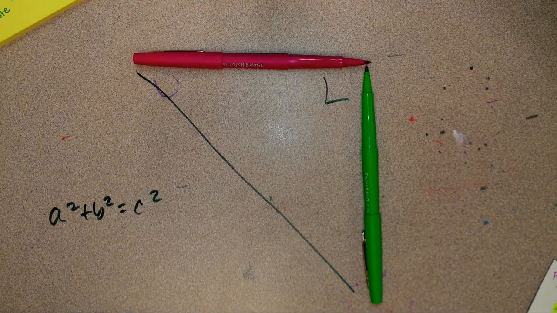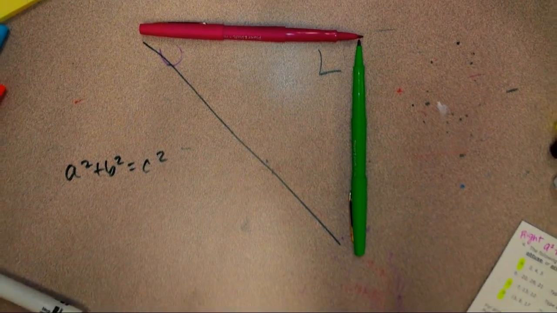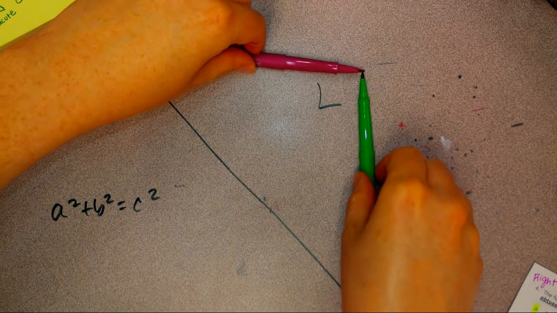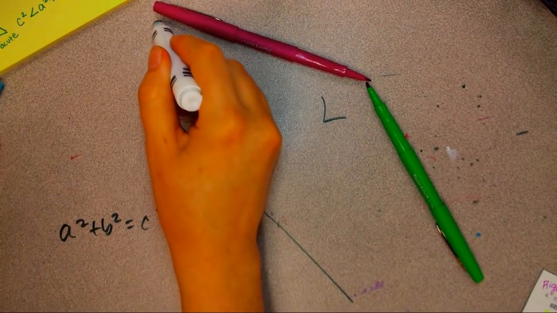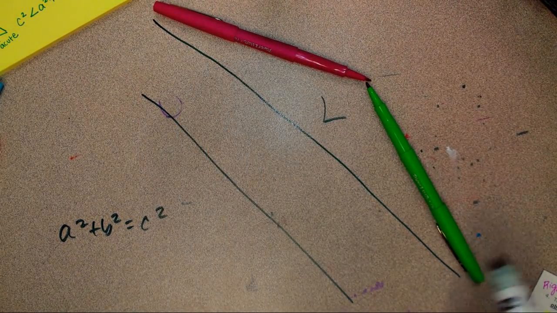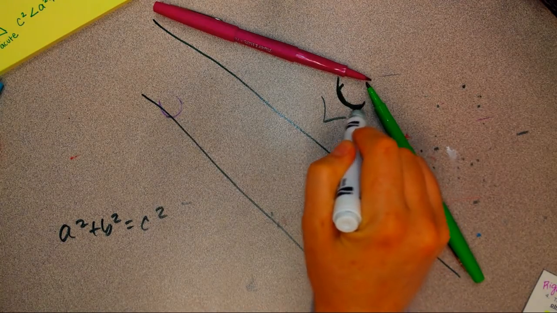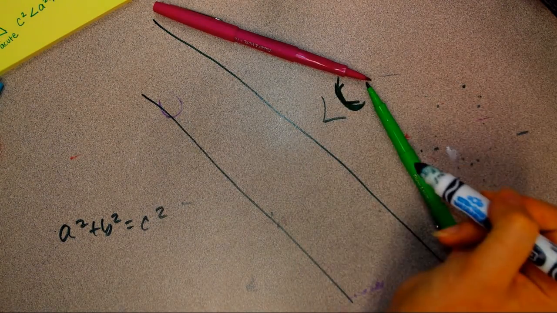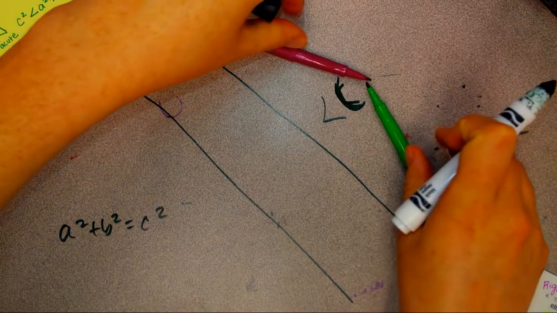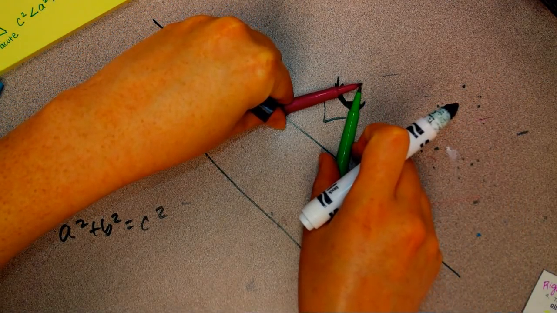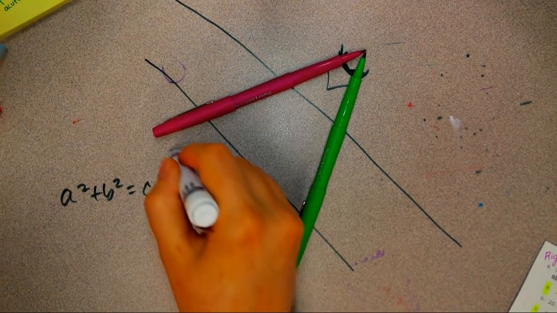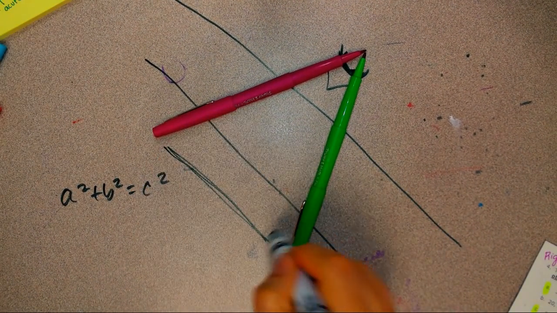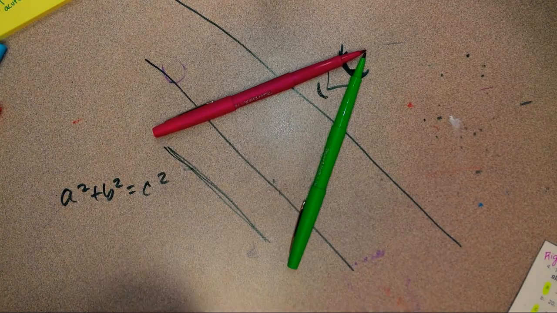But if I stretch this out and make this longer, so now c squared is larger, obviously this angle is becoming greater than 90. But on the other hand, if I squish these inward, so now c squared is smaller, this becomes an acute angle.